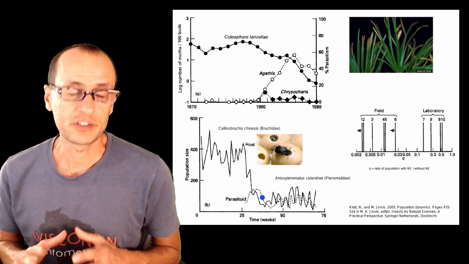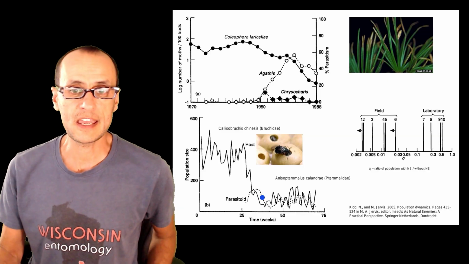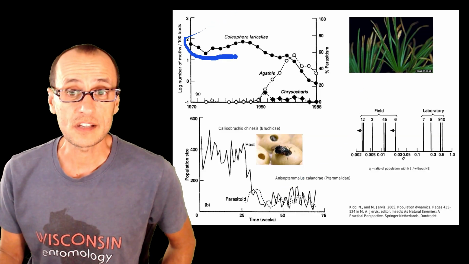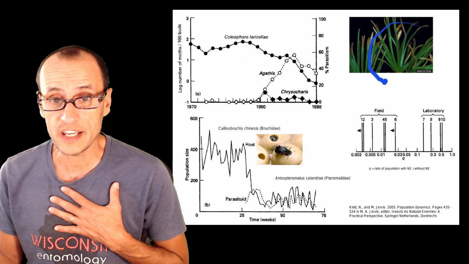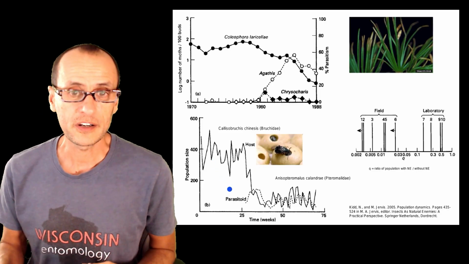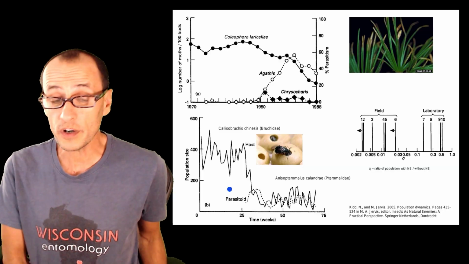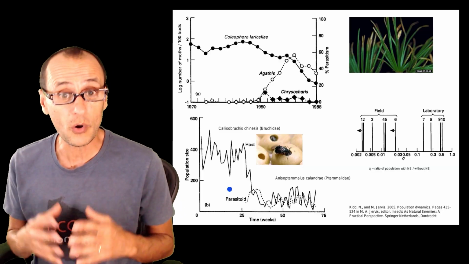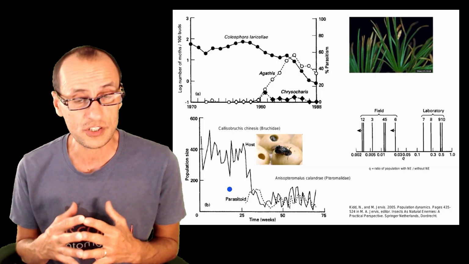The applied nature of these particular questions, the suppression of an insect that was causing harm to something that we care about, trees here or stored grains, by the release of a predator, is one of the key things that entomologists have worked on in the field of biological control, and it relies on an understanding of the ecology of populations.